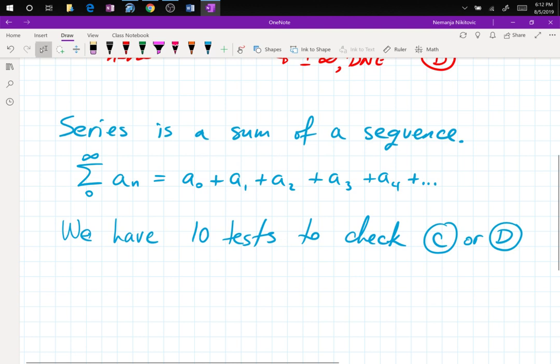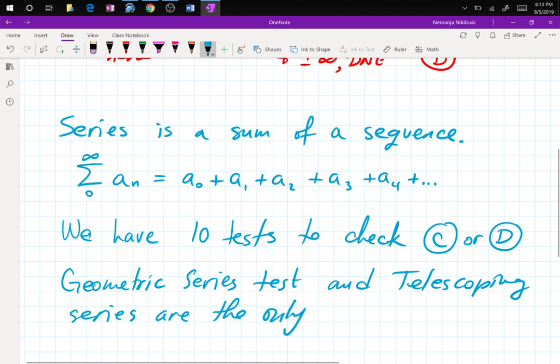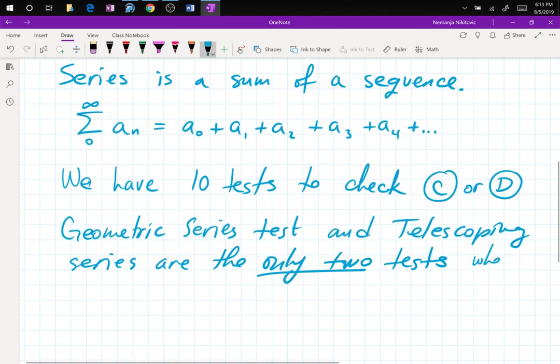We already covered 2, the geometric series test and the telescoping series test, which are the only 2 tests where we know the sum.